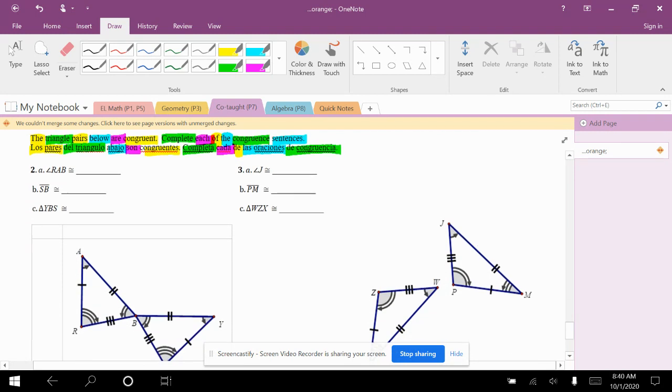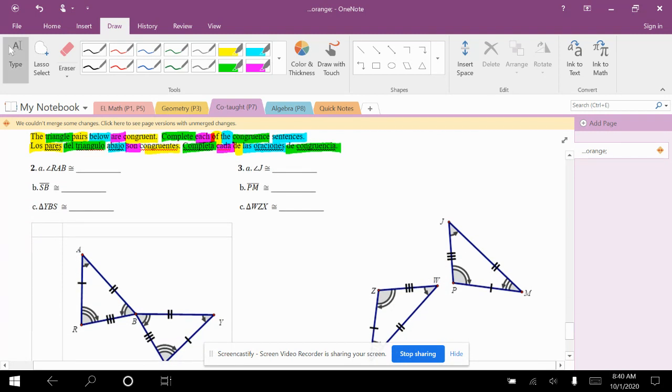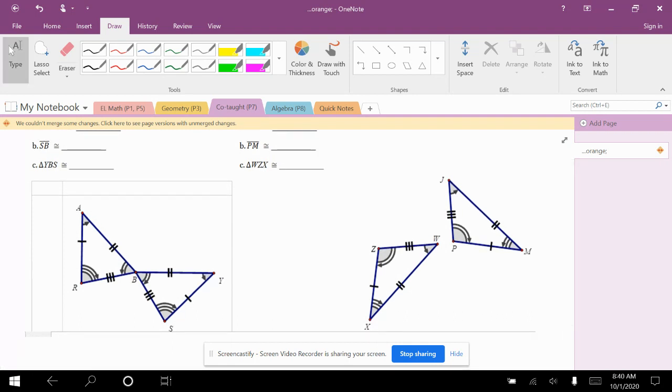Number 2, the triangle pairs below are congruent. Complete each of the congruent sentences. Angle A has 1 tick mark. Angle Y has 1 tick mark.